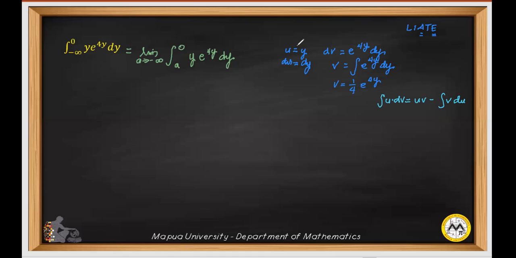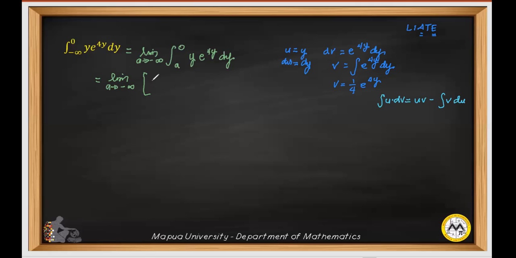So by parts, the integral is equal to the limit as a approaches negative infinity of uv, where u is y and v is 1/4 e raised to 4y.